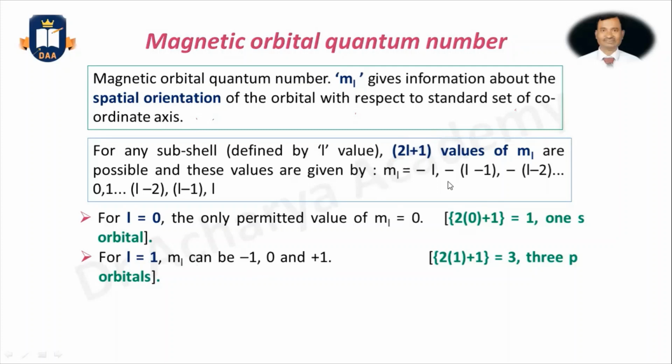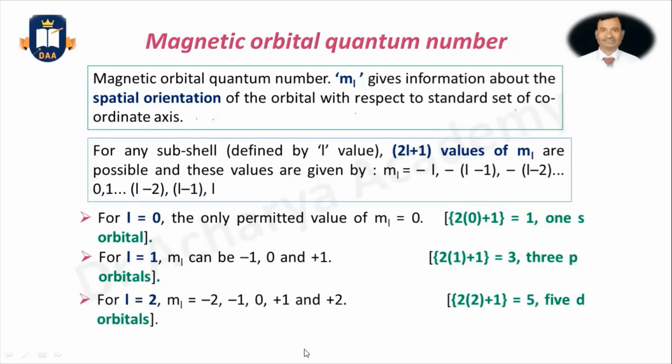When l is equal to 1, we start from minus l, that means minus 1, and then it increases in order, adding 1 each time: 0 and plus 1. So these are the 3 p orbitals present when the azimuthal quantum number l is equal to 1.